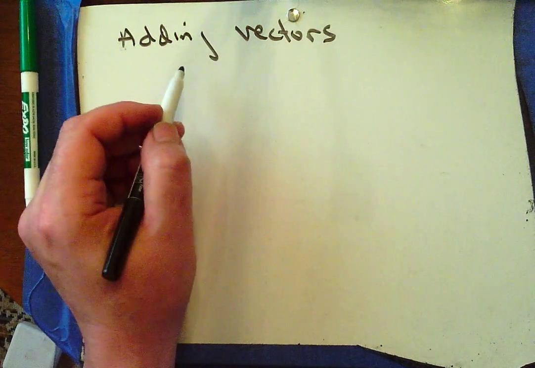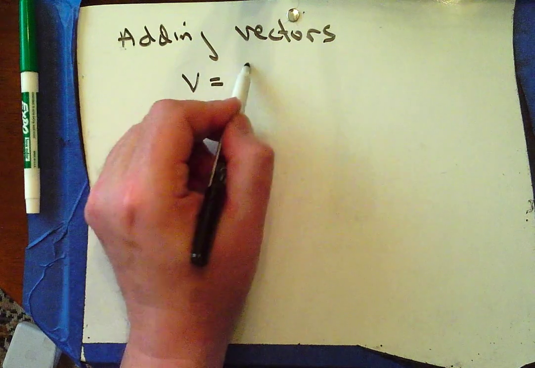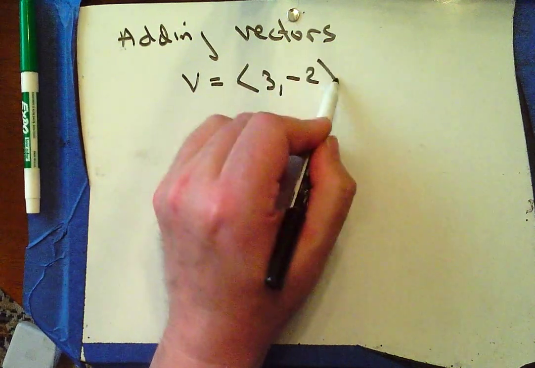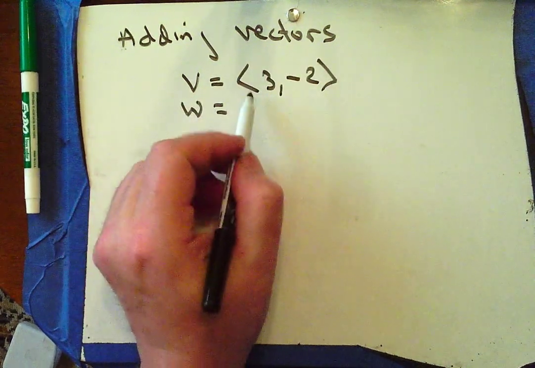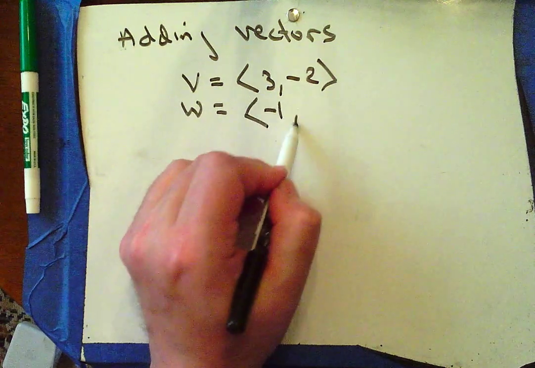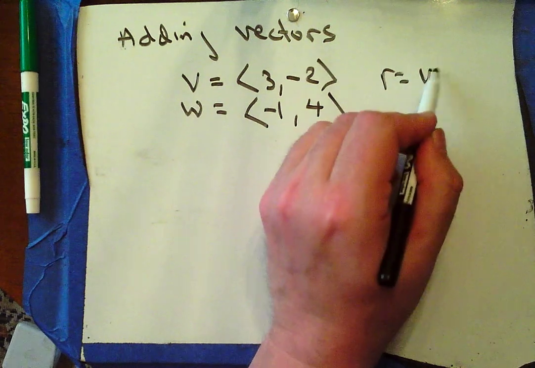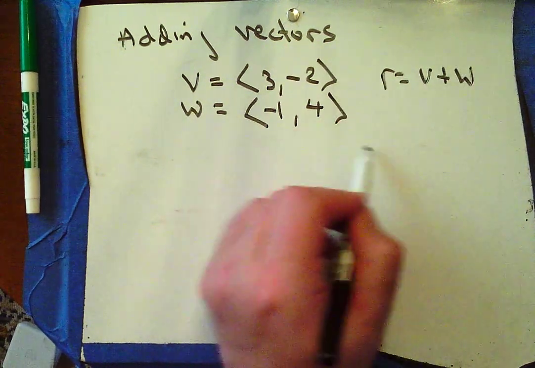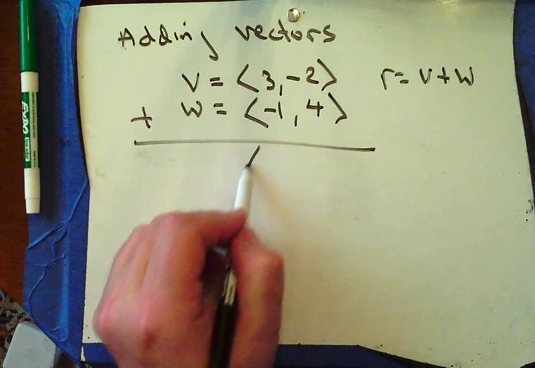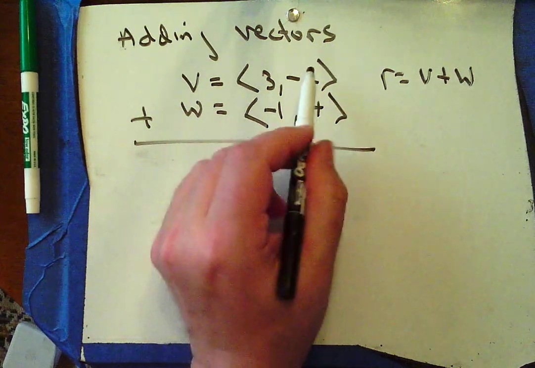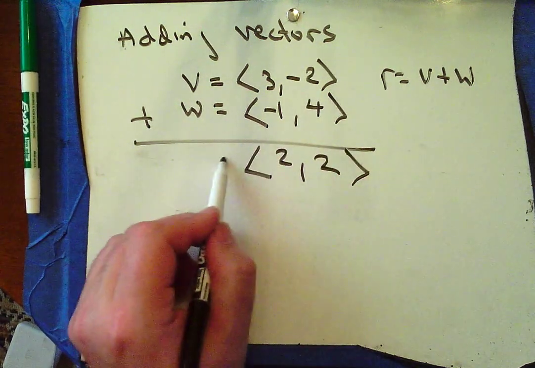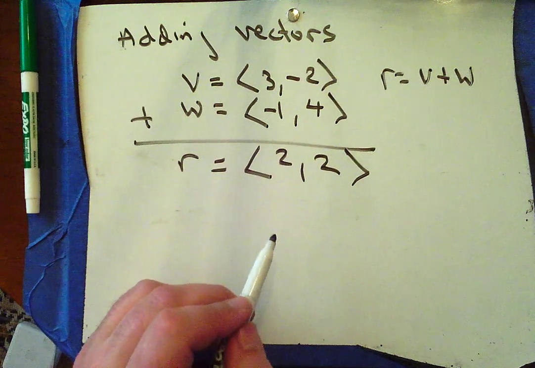Yesterday, or in the last video, we said that if vector v was 3, negative 2, then vector w was negative 1, 4, and we want r equals v plus w. All we have to do is add these component forms. We add the x components, we add the y components, and we end up with our resultant vector.